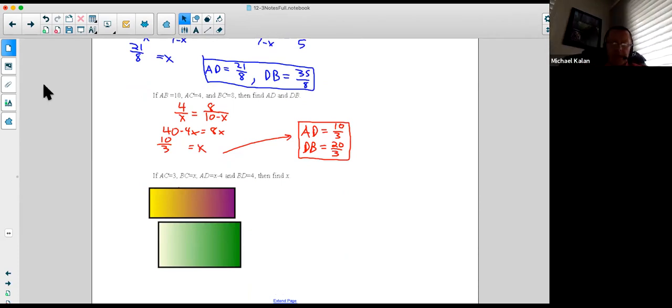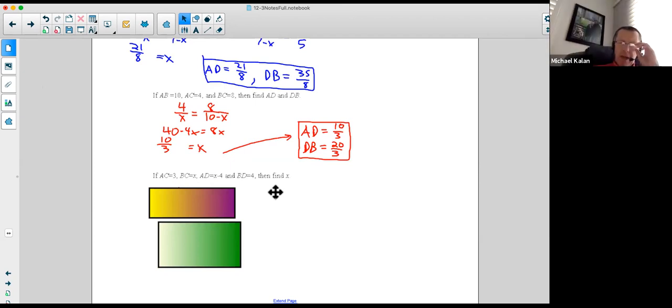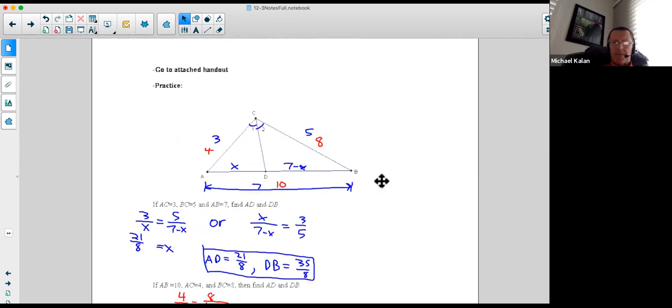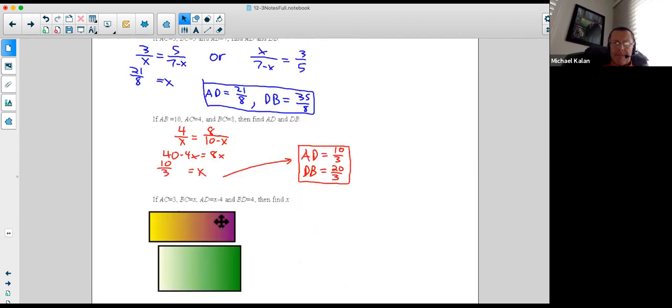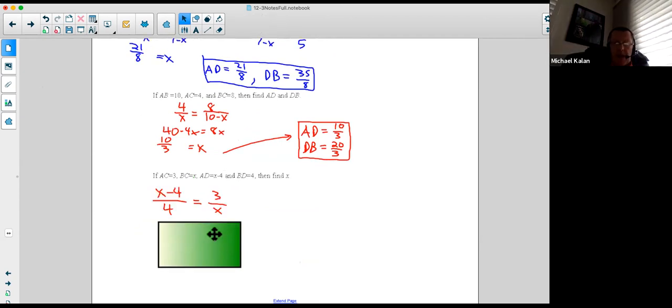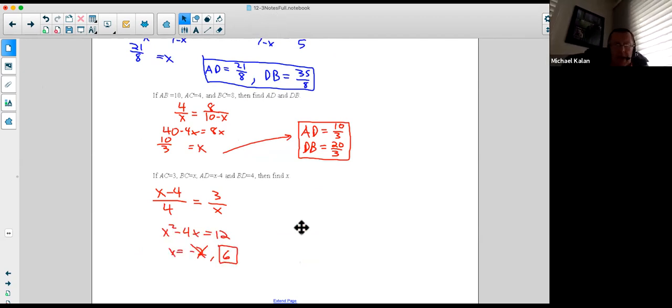What if AC is 3, BC is X, AD is X minus 4, and BD is 4? Find X. Again, same diagram. Okay. All right, I'm back. So one way to set this up would have been X minus 4 over 4 equals 3 over X. Cross multiply, move the 12 over.